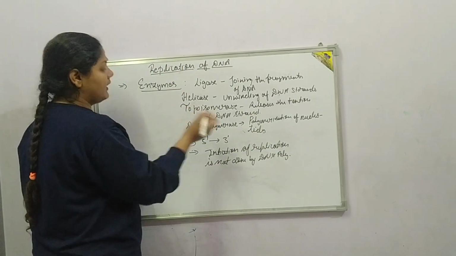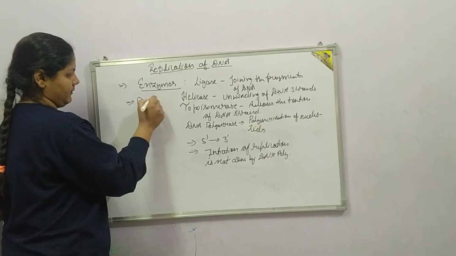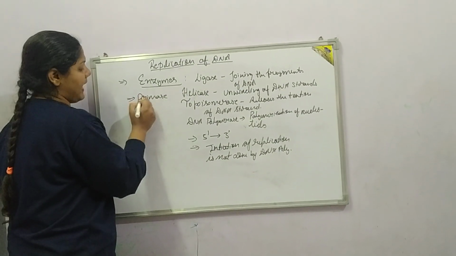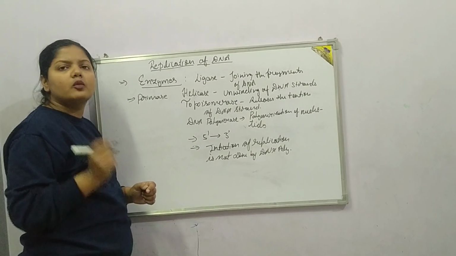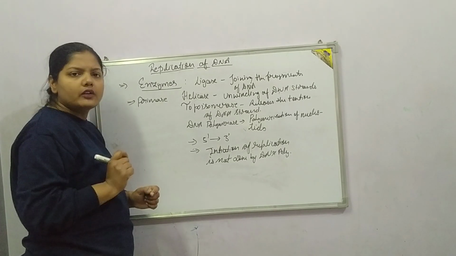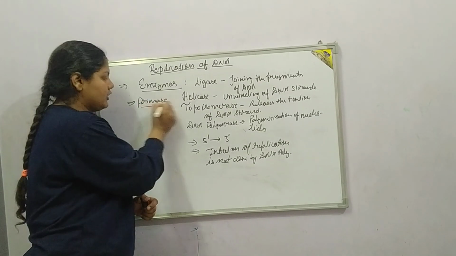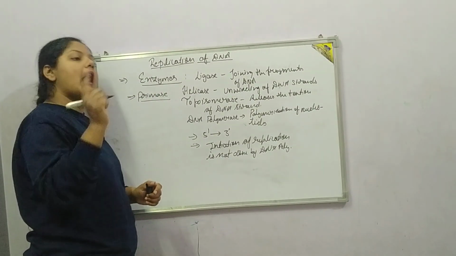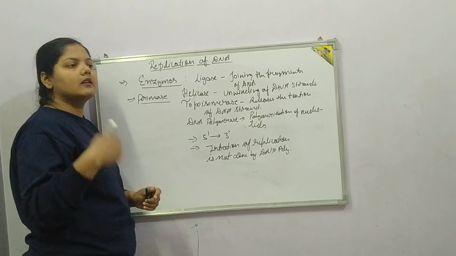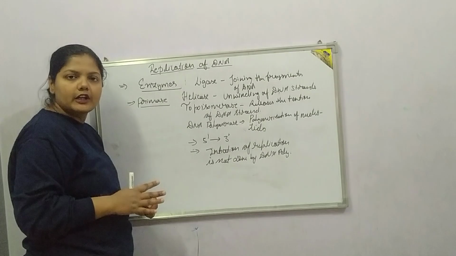Now another enzyme, that is primase. Now what is the function of primase? Of course, when DNA polymerase is not able to initiate the nucleotides formation, who will initiate it? It is initiated by primase. The nucleotides of RNA, which are known as primer, initiate the replication of DNA.